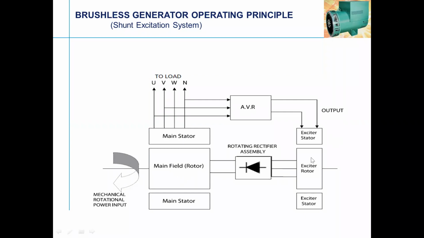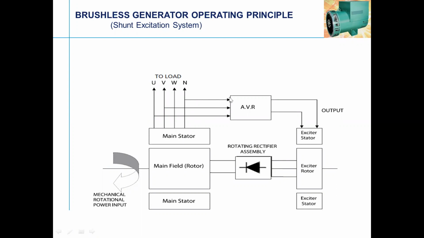For feeding the exciter rotor, there should be some potential, so voltage, required. That is fed from the exciter stator. For the exciter, there is again an AVR which is required to give the input. For giving the input to the AVR, there is a shunt input. This is why we call it a shunt: the power input to the AVR comes from the same output winding.